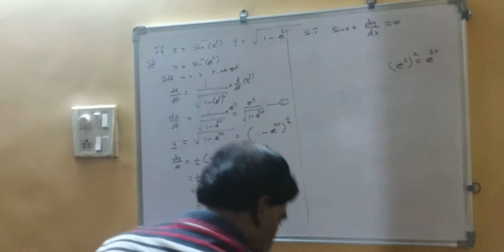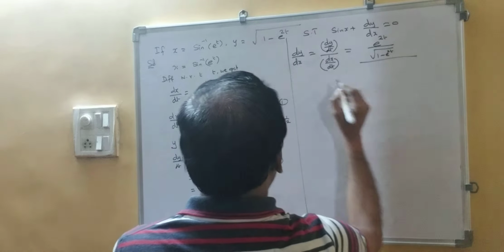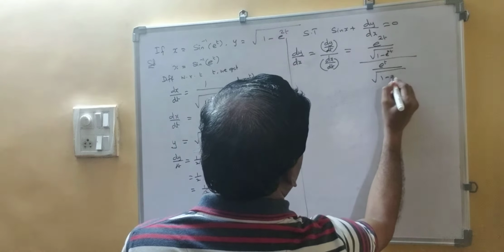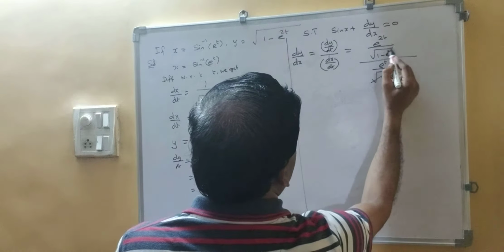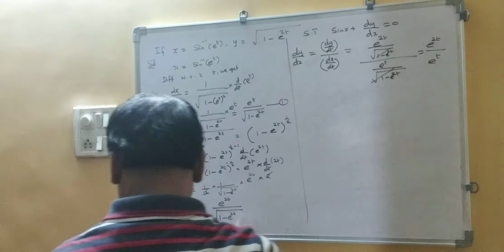Now we have got dx by dt also and dy by dt also. So what is dy by dx? dy by dt upon dx by dt, which is equal to e raised to 2t upon square root of 1 minus e raised to 2t, whole divided by e raised to t upon square root of 1 minus e raised to 2t. So this will get cancelled. You are having e raised to 2t upon e raised to t.